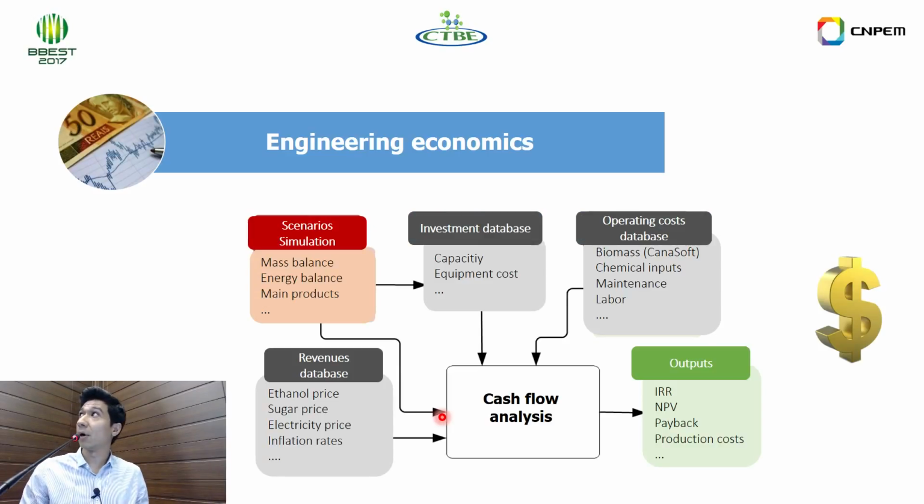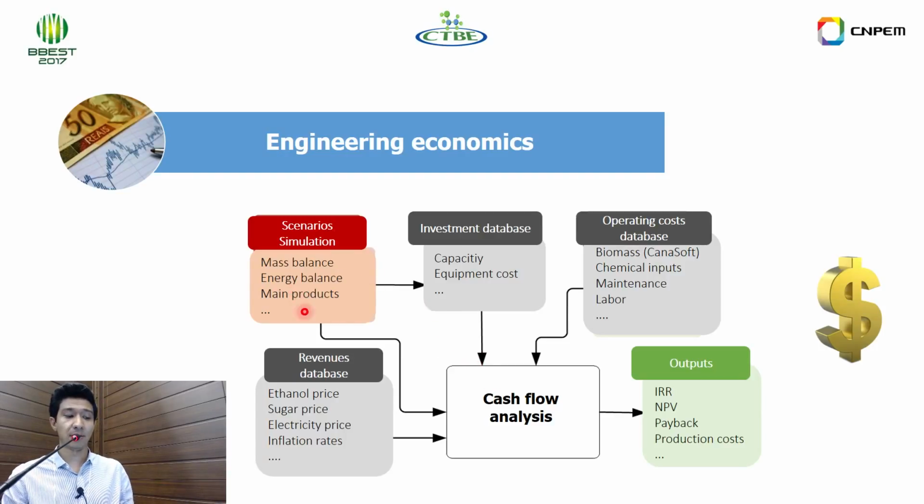Talking a little bit more about the methodologies, the first one is basically the engineering economics principles. We have the cash flow analysis, basically, which compares the different technologies, and to do so, we depend on a lot of databases.